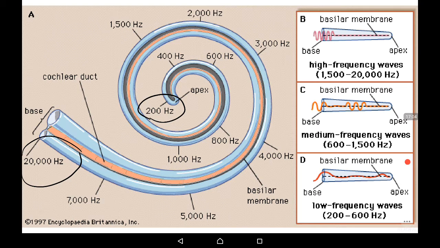These sounds produce stimulation of the hair cells at the apex of the cochlea. So therefore, by such distribution of the hair cells that are responsible for different frequencies, we may differentiate the sounds of different frequency.